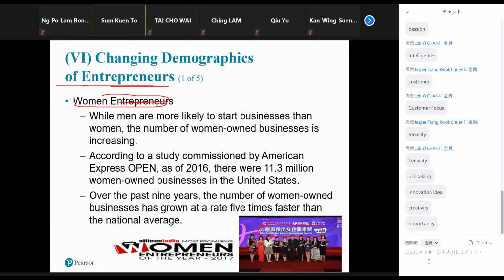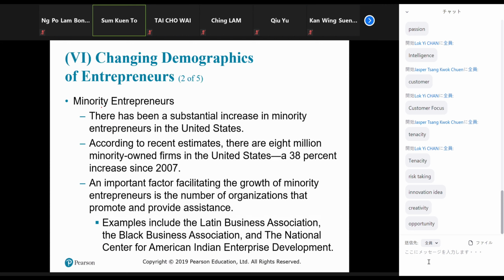All right, so it means that not only men, but nowadays women like all of you, pretty ladies, you can be a young, bright entrepreneur, of course, a female one. So nowadays, because of the changing demographic, we have women, we have minorities, okay, diversity, and even people belonging to small races, not the majority of people.